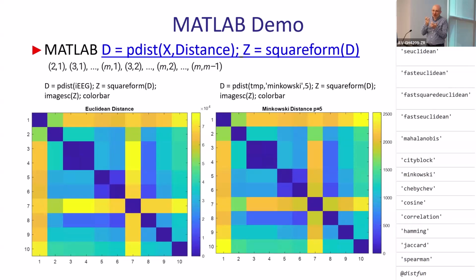Like 1 squared is 1, but 5 squared is 25. It's 5 times bigger. So the bigger the difference is, the more you emphasize it in Euclidean distance. In absolute distances, all of the differences are equally emphasized in the distance, okay? So they have the same value.